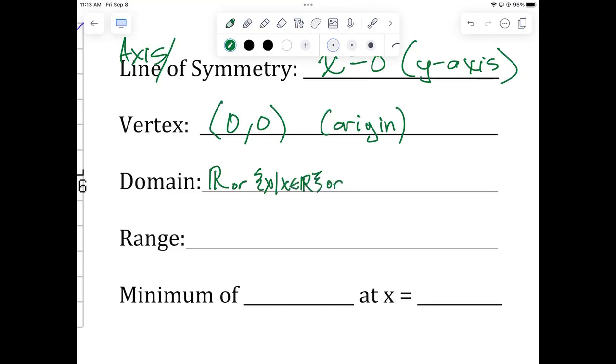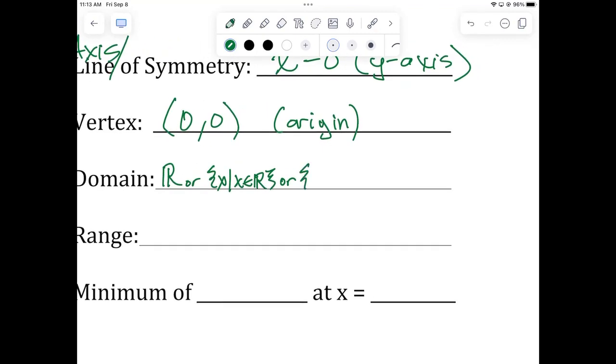So people did this on the test: negative infinity is less than x is less than infinity. Okay. If you do that, you get one out of it.